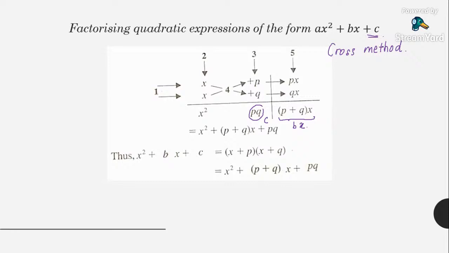Which means the P and Q are actually the solutions, or the roots. When you multiply the roots, you will get the value of C. When you add up the roots, you will get the value of B, where P plus Q equals B. So this is actually the value of B, and this is actually the value of C. That's why you always hear people saying that B is the sum of roots and C is the multiplication of roots, or we say the product of roots.